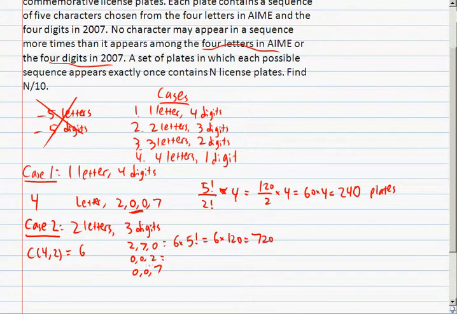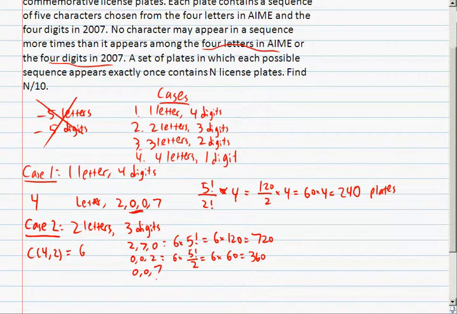Now what if we have 0, 0, and 2? Well, we have 5 objects again, but this time we have to divide by 2 factorial to account for the 2 zeros that are indistinguishable. So we have 6 times 5 factorial divided by 2, which is 6 times 60, or 360.